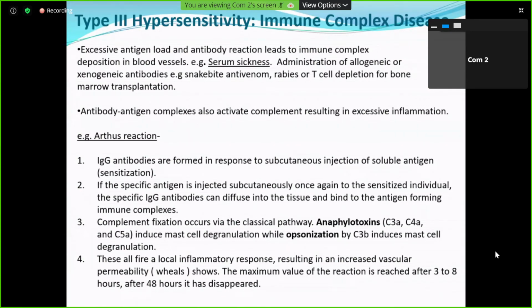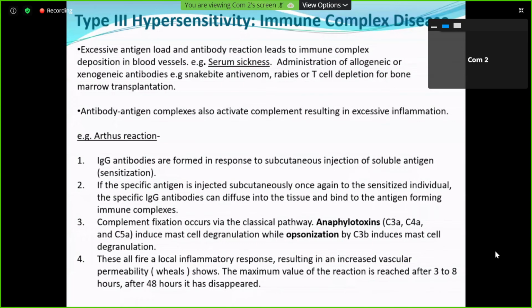Passive is where you inject a person with preformed antibodies against antigen, as in the case of snake bite venom, or rabies, or even tetanus, where you want to infuse that affected person with preformed antibodies to bind to the antigen to prevent it from getting into the bloodstream or in the nerve cells to spread.